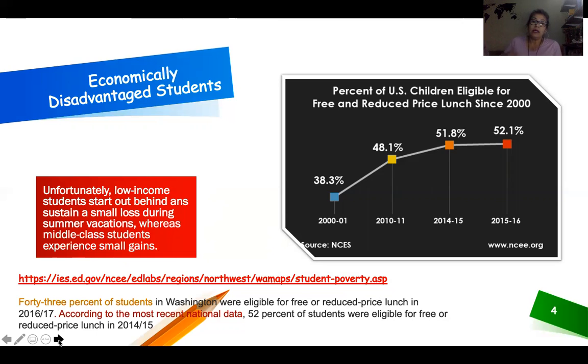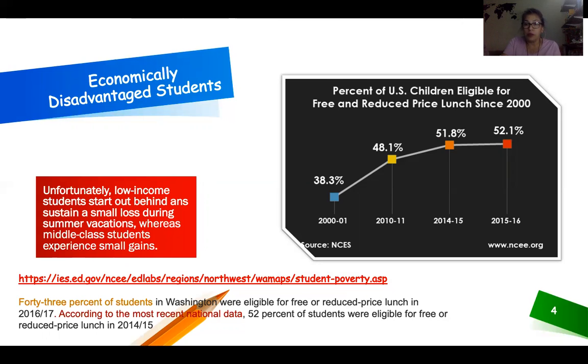This website will help you understand how many students we have in poverty in Washington, Northwest. You may not be aware of it, but the percent of US children eligible for free and reduced-price lunch in the 2015-16 school year was 52.1. Imagine during the pandemic, where everybody was laid off, where some parents, the only income, they get laid off, right?